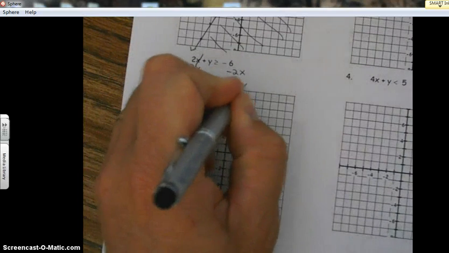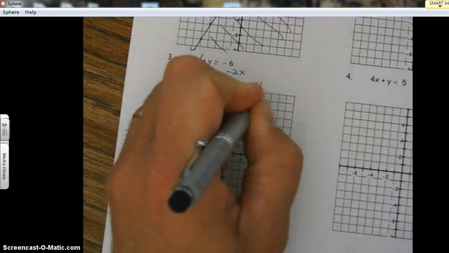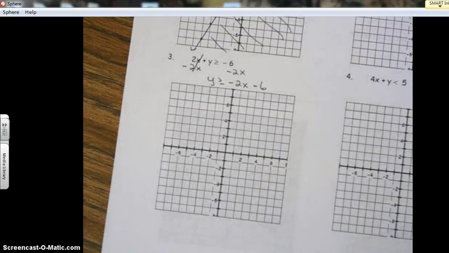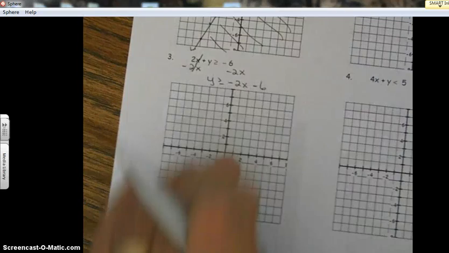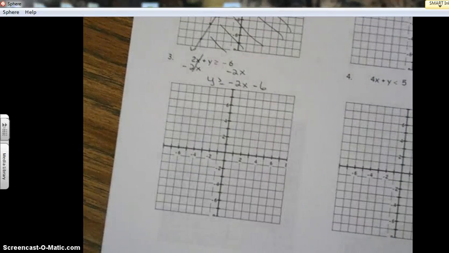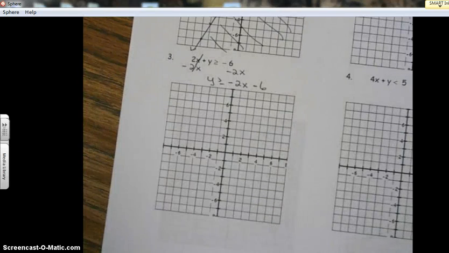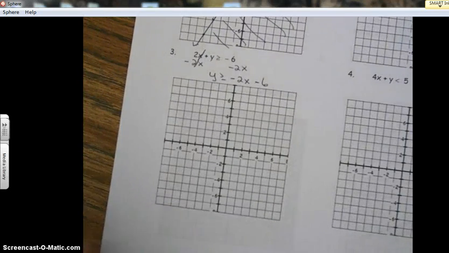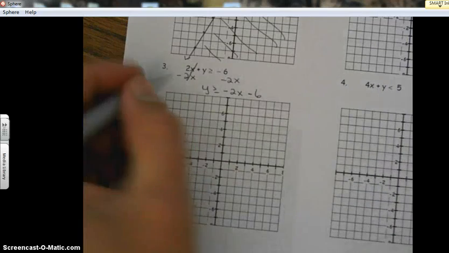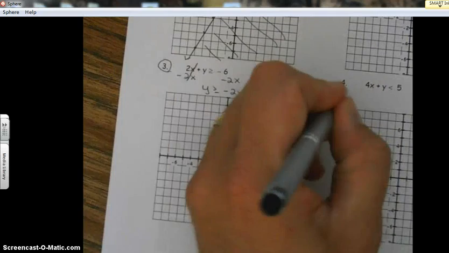Put your slope first and your y-intercept second. And then we would graph that on the graph below. And I've already showed you an example. The difference here, we have a greater than, so we would shade above the line on this one. Okay, so you can finish 3 and practice on number 4.